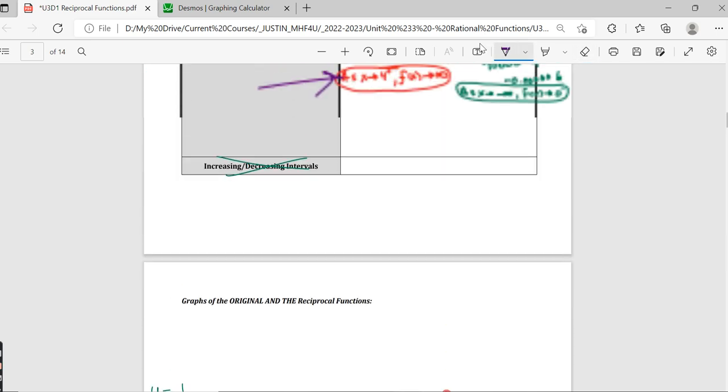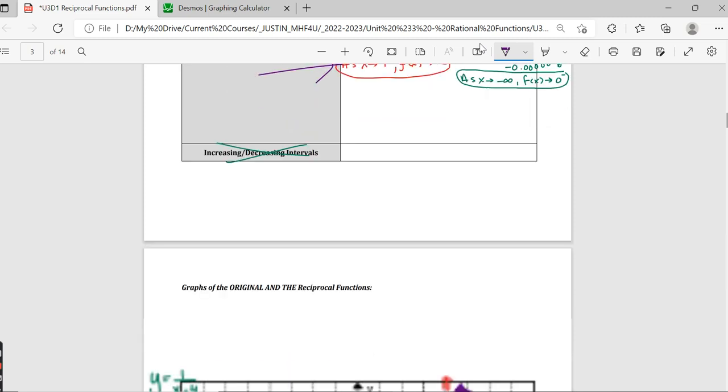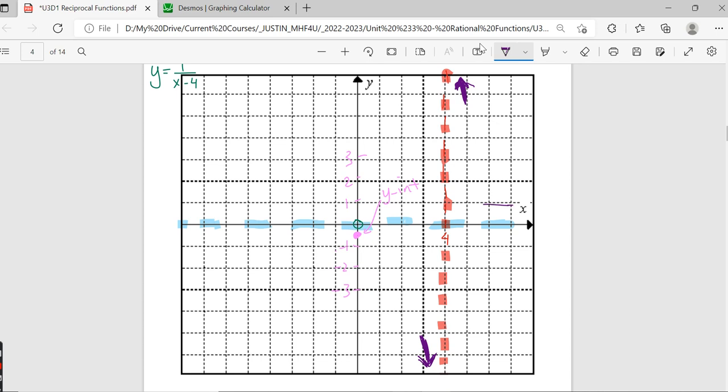Now let's read our horizontal. As x becomes very, very big, f(x) approaches 0 from above. So as x becomes very, very big, I'm heading this way now, it approaches from above the blue horizontal asymptote.